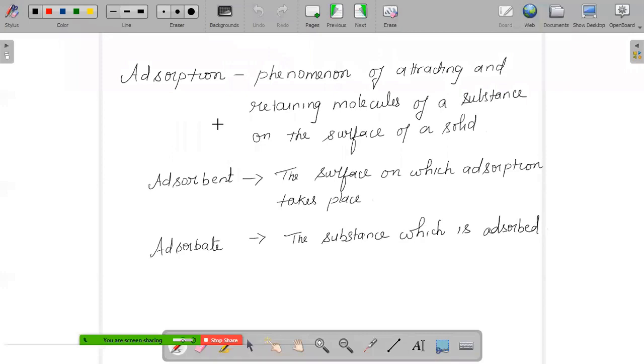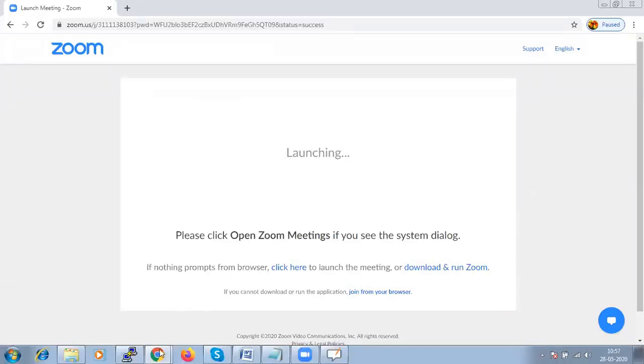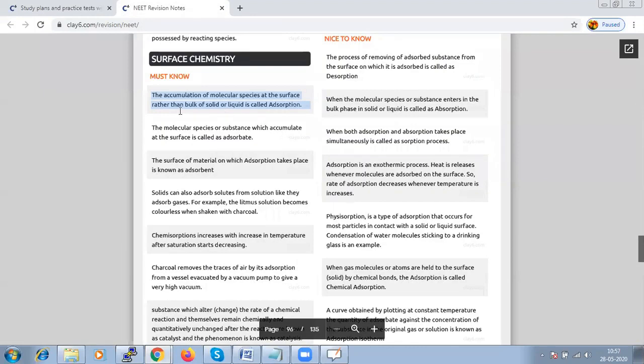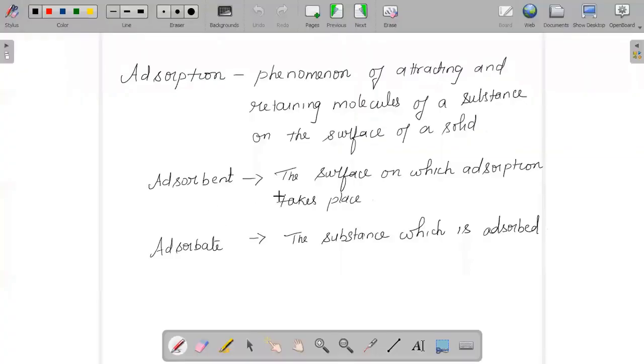When we say adsorption, we have two different terms, adsorbent and adsorbate. The molecular species or substance which accumulates at the surface, we call it adsorbate.